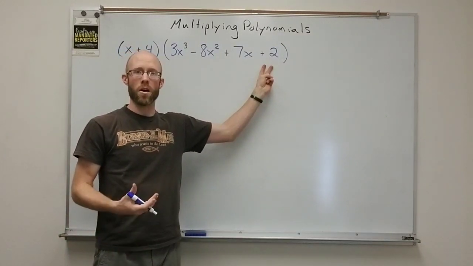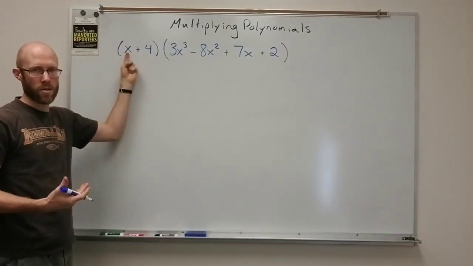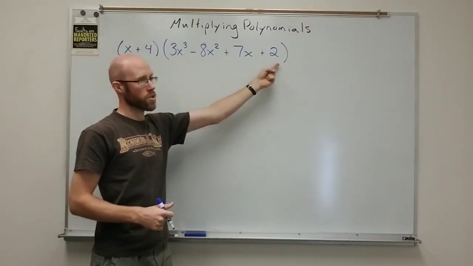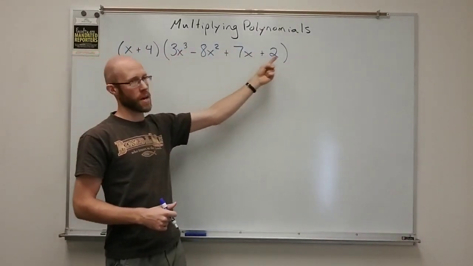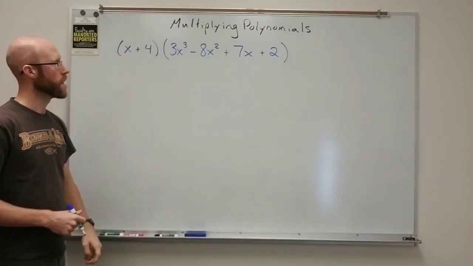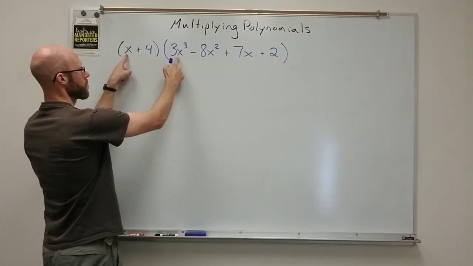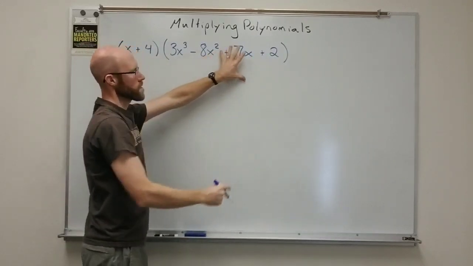The way that I usually organize this is to start with the x, whatever the first term on the left is, and multiply it to every term on the right, and then I go to the next term on the left and multiply it by every term on the right. Obviously the FOIL method won't work here because you could do the first and the outer and the inner and the last, but you're missing a bunch of stuff.